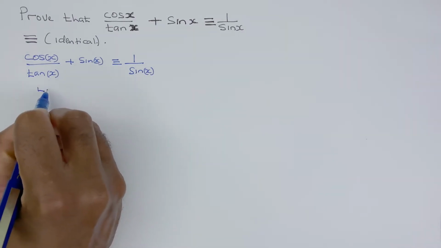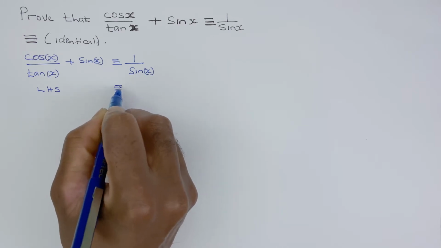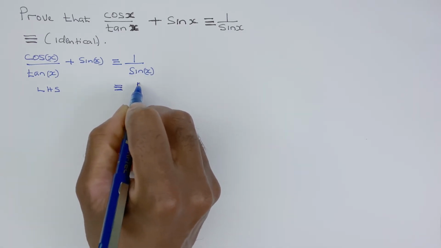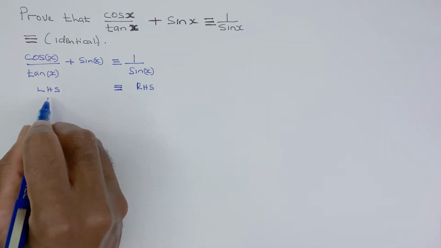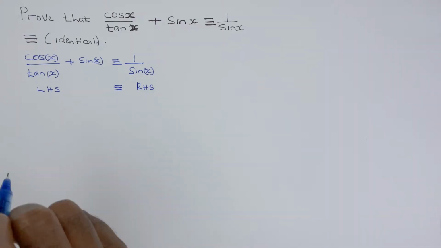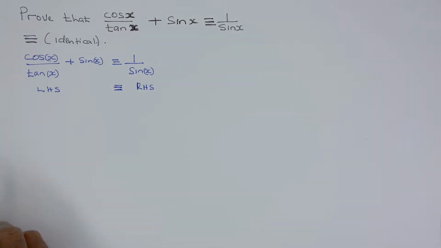So we've got the left hand side identical to the right hand side. So we want to use the left hand side to prove that it's identical to the right hand side. So I'm going to work on the left hand side.